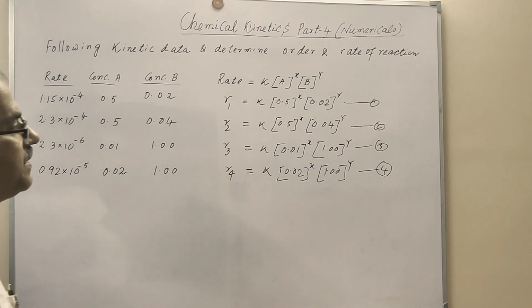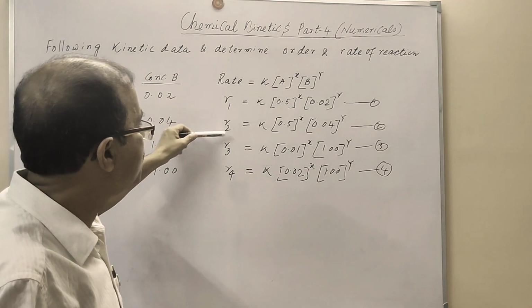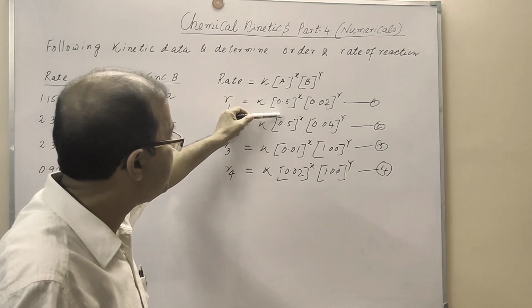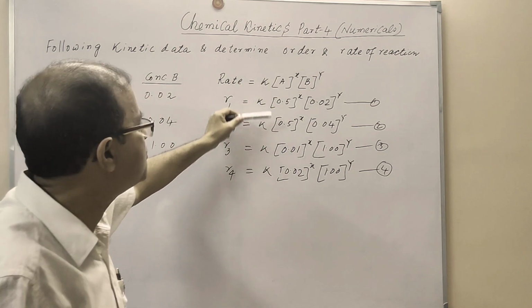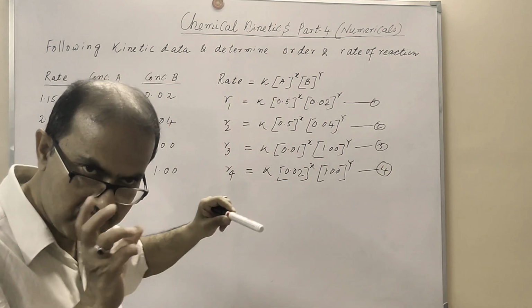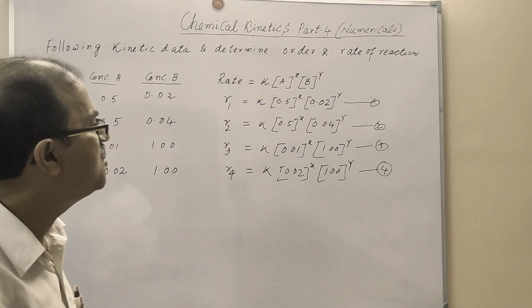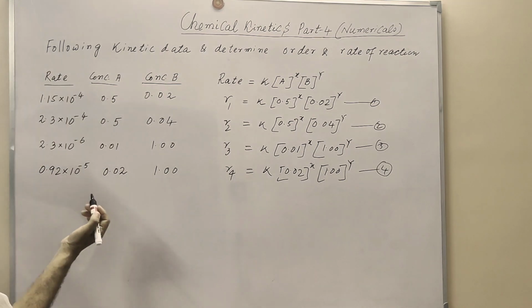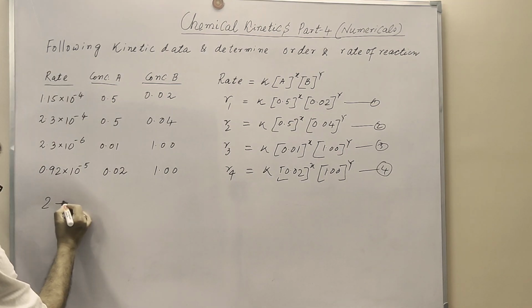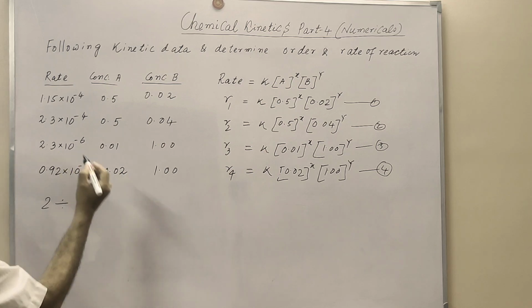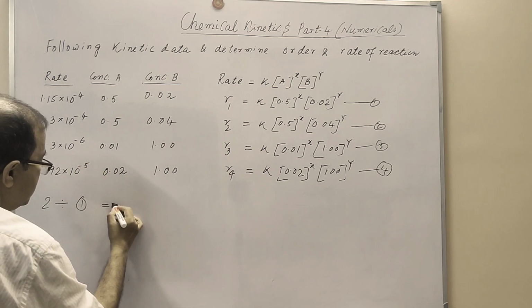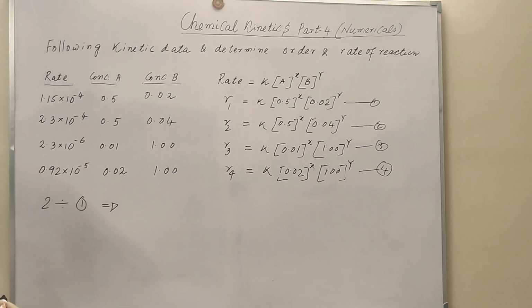You can understand that in rate 1 and rate 2, concentration A has not been changed. Concentration of A has been kept fixed, but concentration B has been changed. So what we can do is divide 2 by 1. From this, let us see what we get.